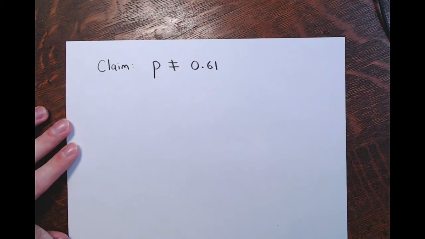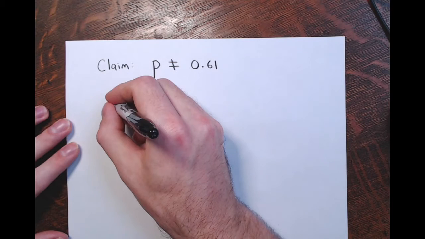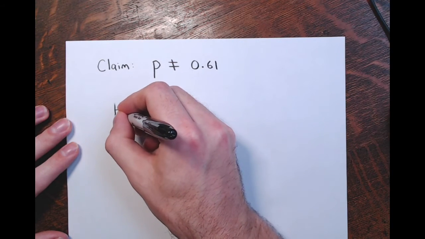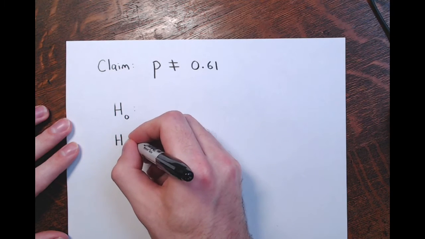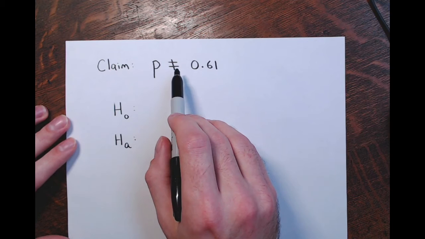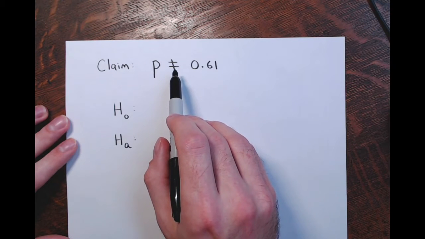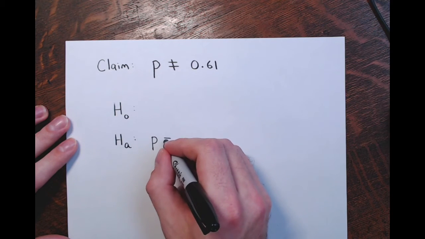Once a claim or belief to be tested is identified, we form our hypotheses: a null hypothesis and an alternative hypothesis. This claim does not involve equals, it is not equal, so that's going to be the alternative hypothesis.